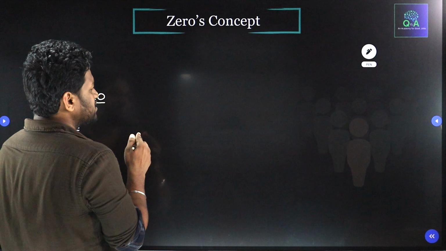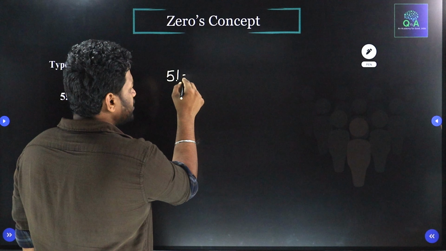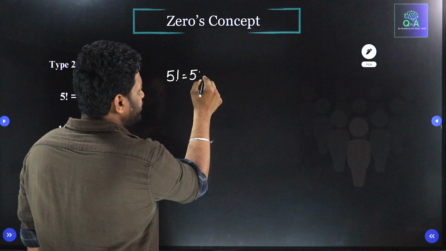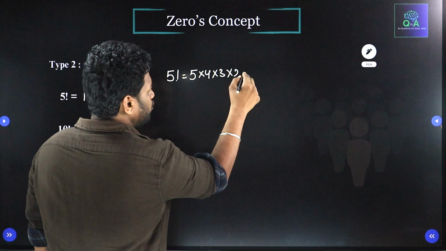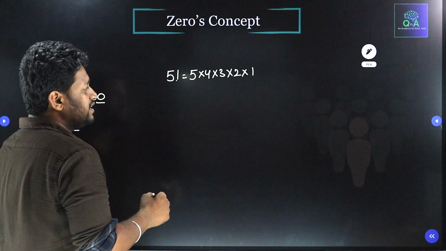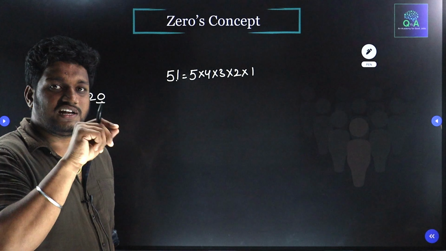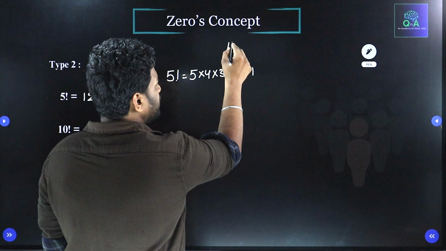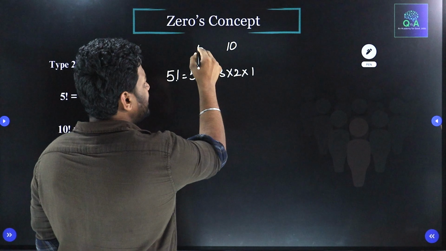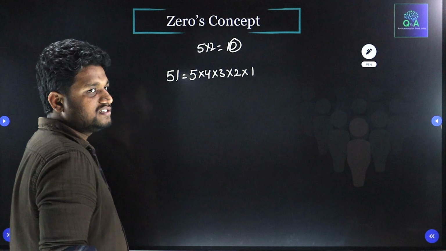Now let me take the first part, 5 factorial. How will we write 5 factorial? 5 into 4 into 3 into 2 into 1. Now if you observe, to make a trailing zero, finally we should get 1 0, so definitely you have to get 10. If you multiply two numbers and get 10, then you will be getting one trailing zero.